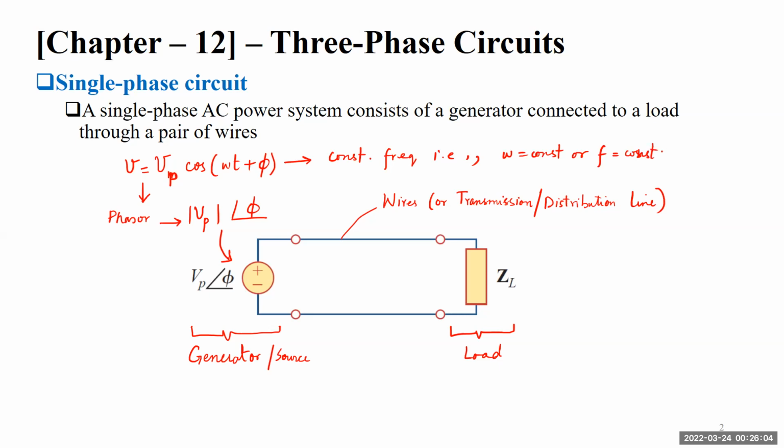So we can easily convert our time domain signals to the phasor domain and use that to solve our circuits. This technique makes our life much easier, because solving in the time domain, and that too for AC power systems, is seriously complicated. So this is how a single-phase circuit diagram looks.